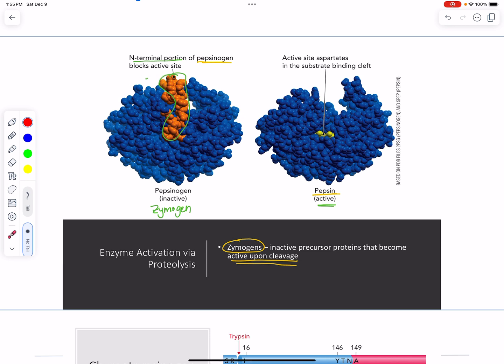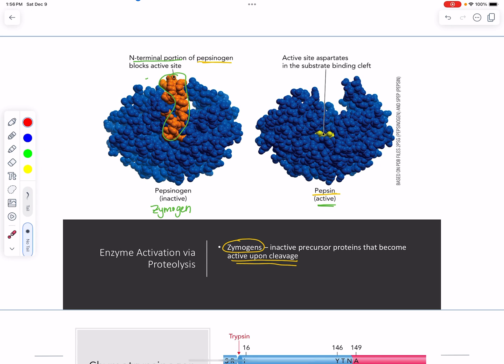The way that this gets activated is that the peptide bond that connects the N-terminal portion to the rest of the protein gets cleaved. This goes out of the active site. So now you have an open active site where your substrate can bind. And these aspartic acid residues are important in the mechanism of pepsin, and they are now available to catalyze the cleavage of the peptide bond.